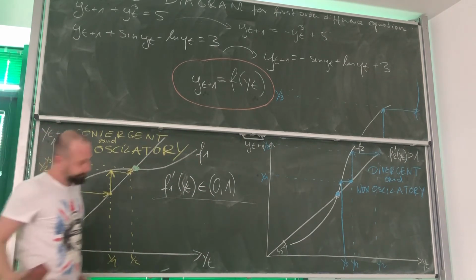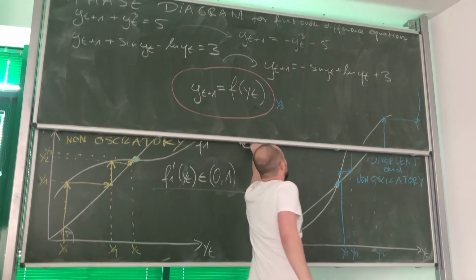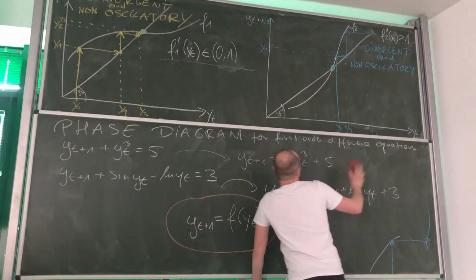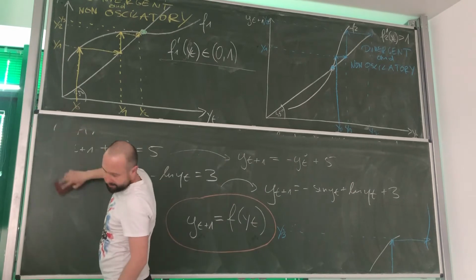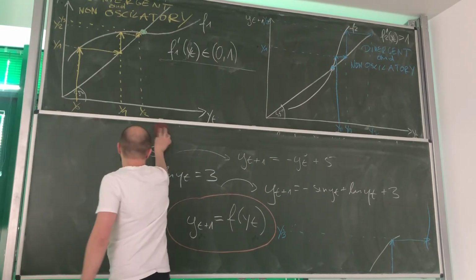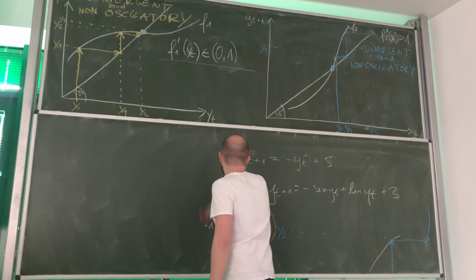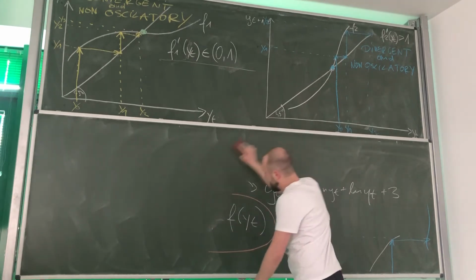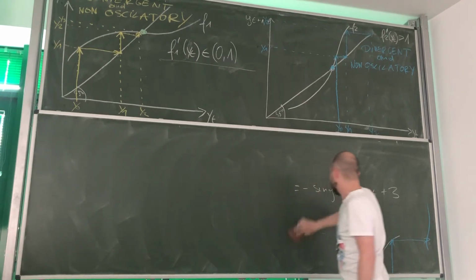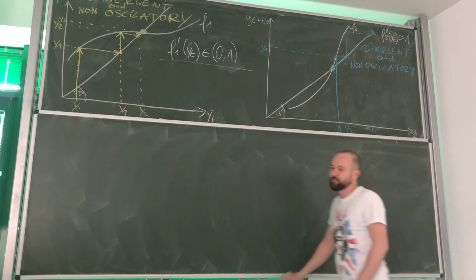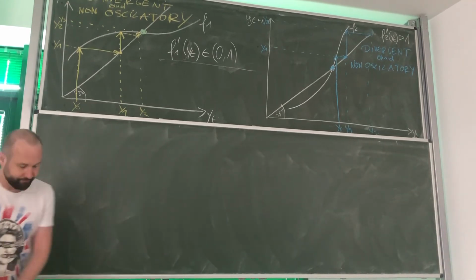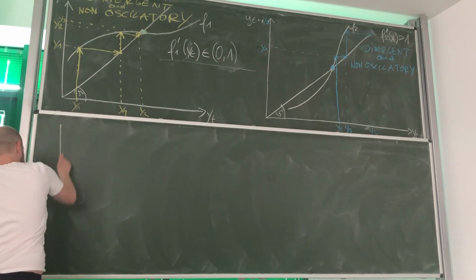Okay, so knowing this, we can move on to two cases we have not considered. Of course, we were considering only functions that were upward sloping. Now let's consider a case where the function actually is downward sloping.